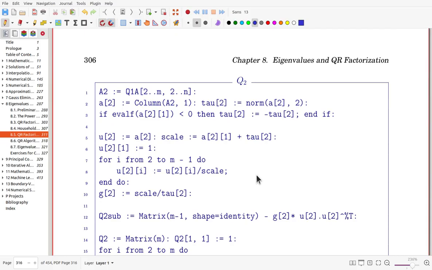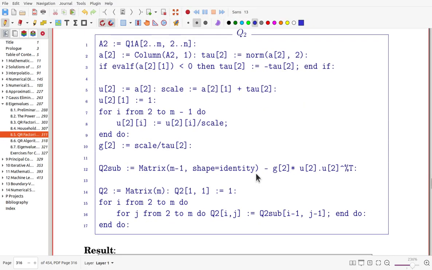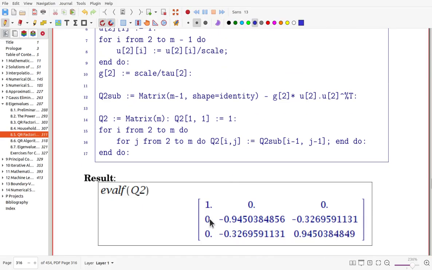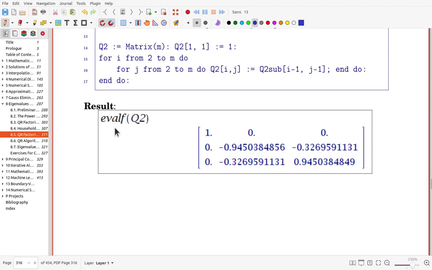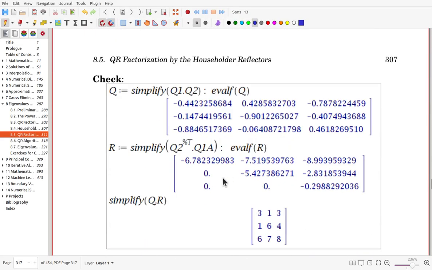The manner is exactly the same, but the difference is that now we have to embed into a larger matrix so that the dimensions match. Everything is the same, and then eventually we have the embedding. So after embedding, we have that. That is Q2.